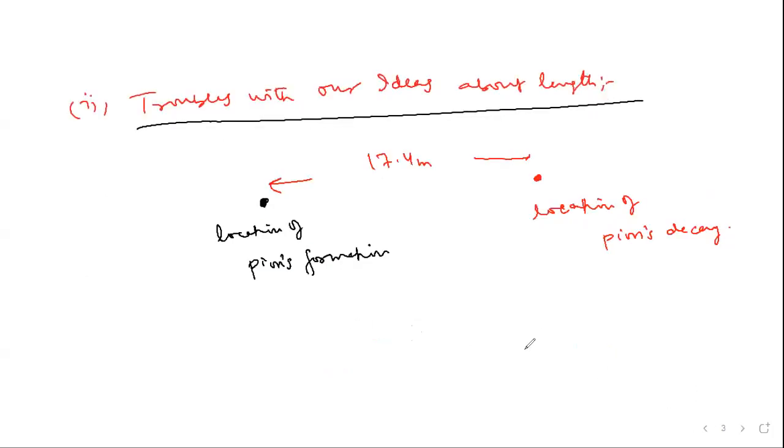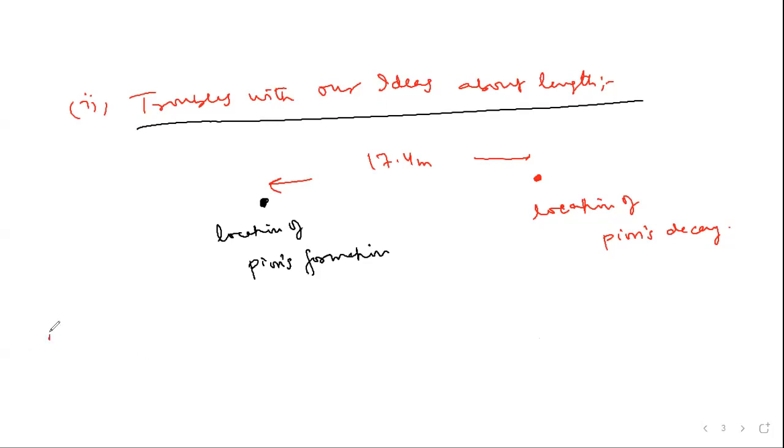So this distance between these markers is measured to be 17.4 meters, right? Now consider the situation according to a different observer who is traveling along with the pion at the speed at which the pion is traveling with respect to the laboratory.